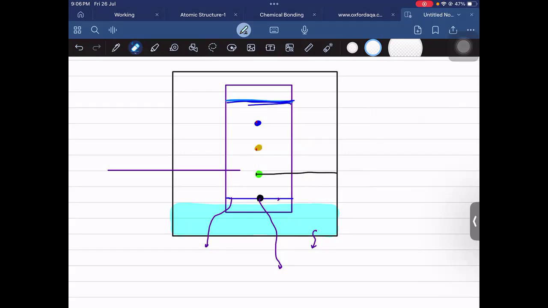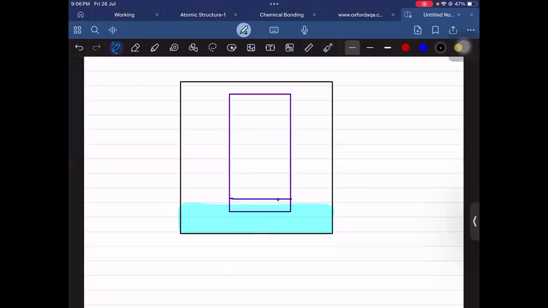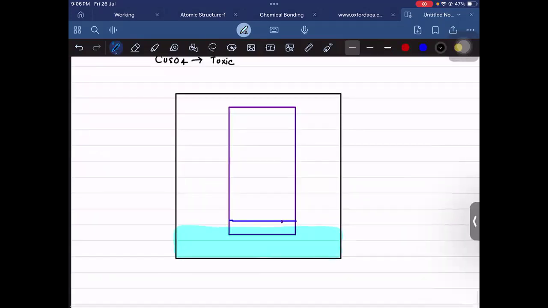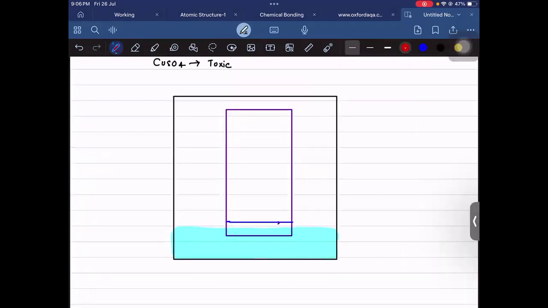So this is basically the biryani sample. And this is copper sulfate. Basically, this is a reference.